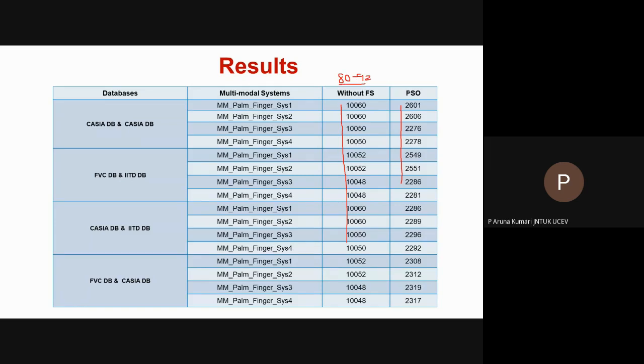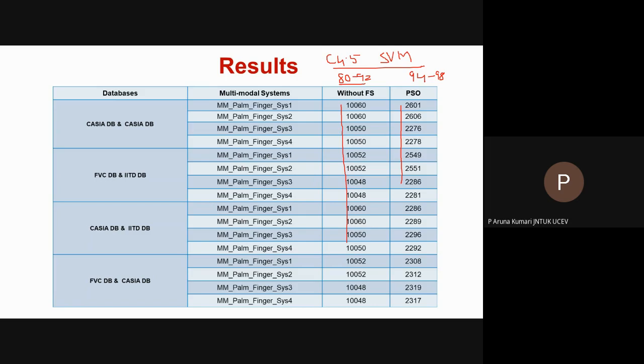But once you have applied feature selection with PSO, it increased to 94 to 98% accuracy, with SVM based classification and C4.5 based classification. Here we have applied PSO.